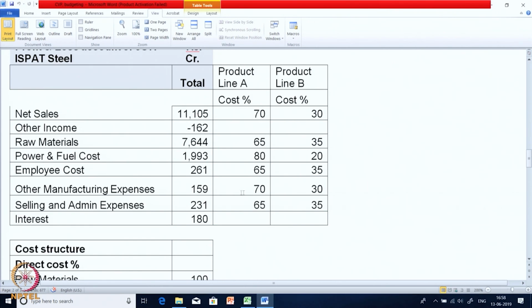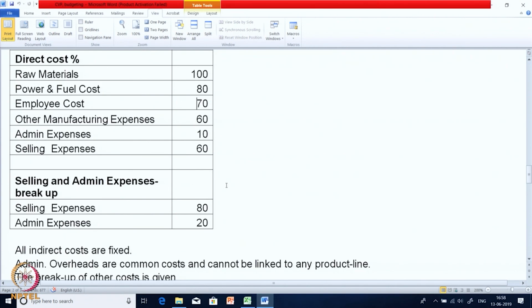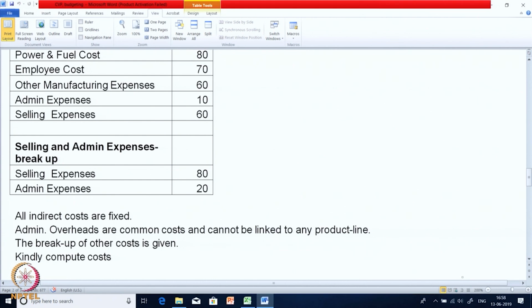Then a breakup is given for each of these costs, because there are two product lines A and B. The cost structure has been estimated as a percentage of direct costs. So raw material is 100%, power 80%, employee 70%, and so on. Since selling and admin costs are given together, the breakup is given as selling 80% and admin 20%.